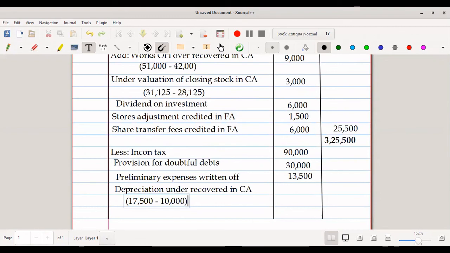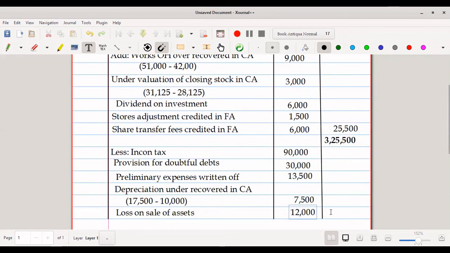The amount will be 7,500. The difference amount will be taken here, 7,500. And finally, loss on sale of asset. The amount given is rupees 12,000. So these are the items which we had to deduct.